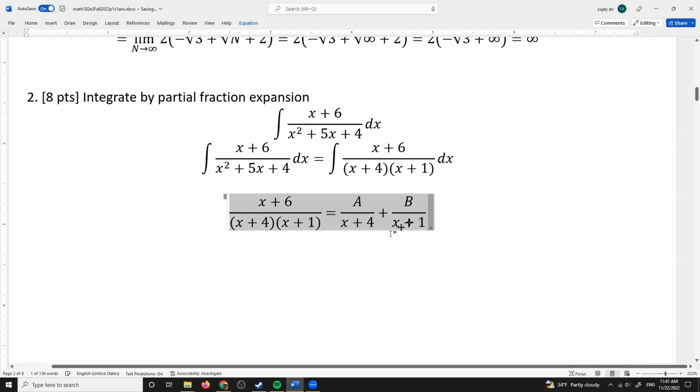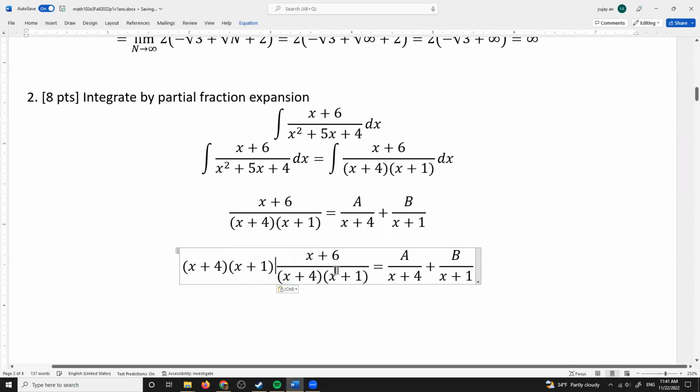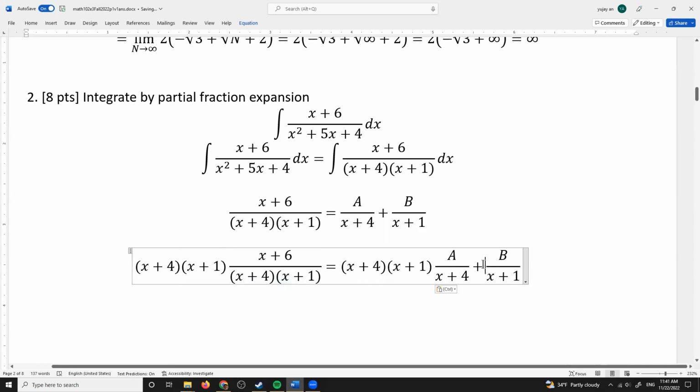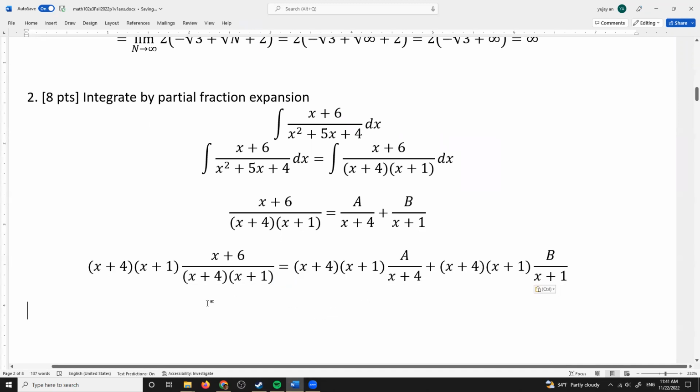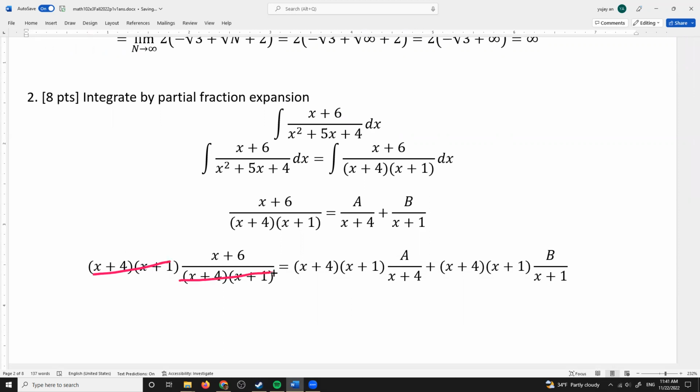You multiply the denominator on both sides, so when this is multiplied, you can see that these cancel out.